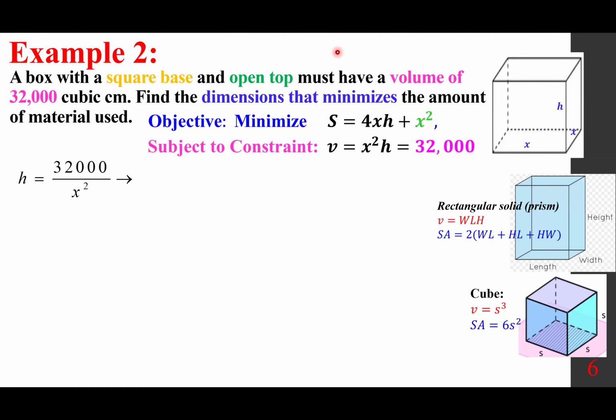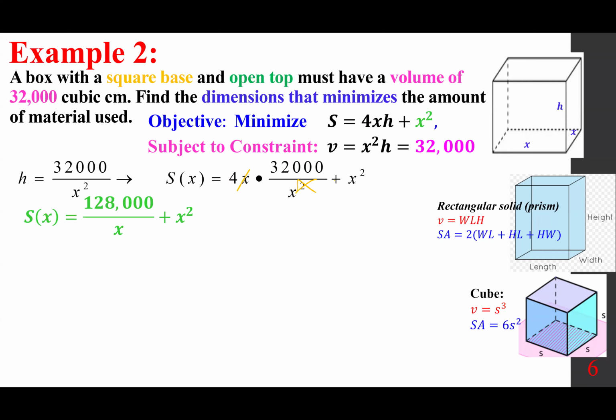Now we can replace the h here with 32,000 over x squared, and it becomes a function of only one variable, namely x. So obviously, 4 times 32,000 is 128,000. x cancels out the exponent here. So this is what we get.